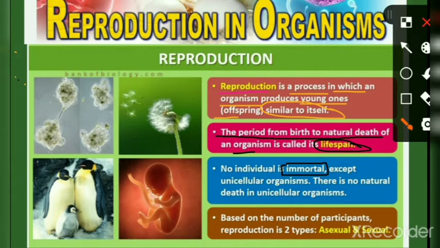So no individual on the earth's surface is immortal, except unicellular organisms, because unicellular organisms have no natural death. Why? What is the reason? Because unicellular organisms have no natural death.